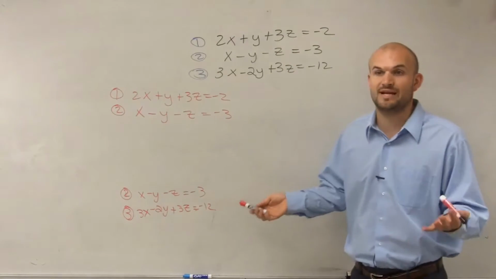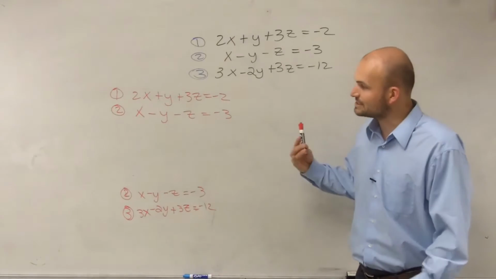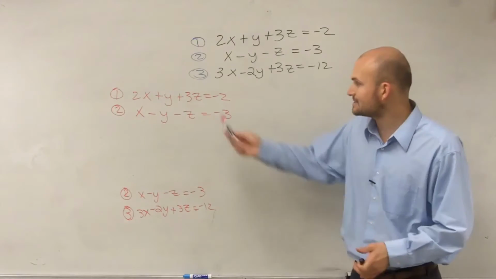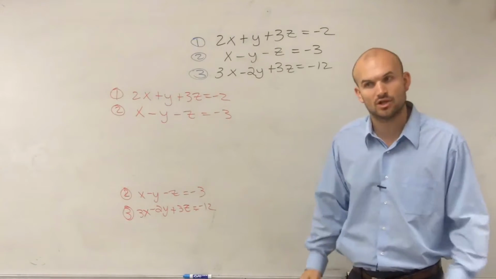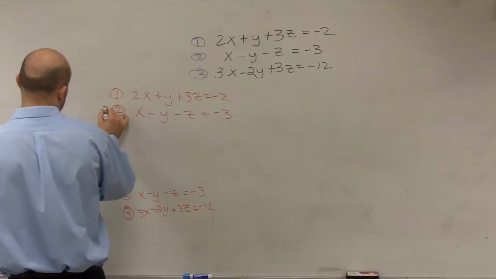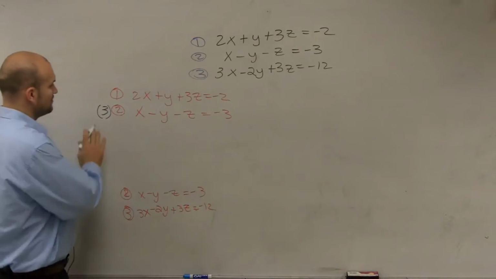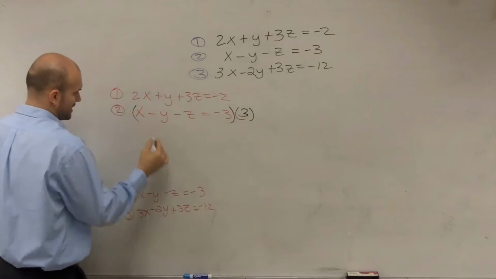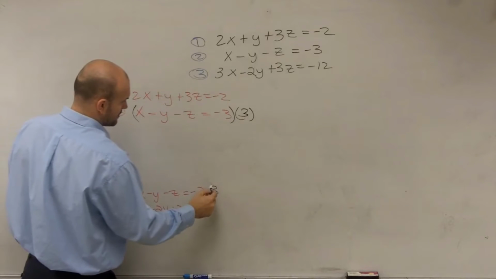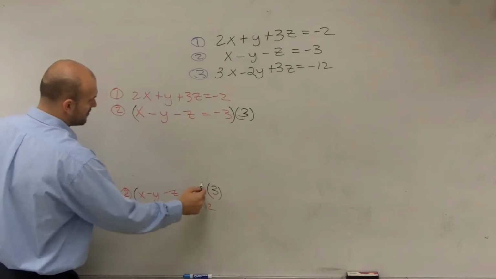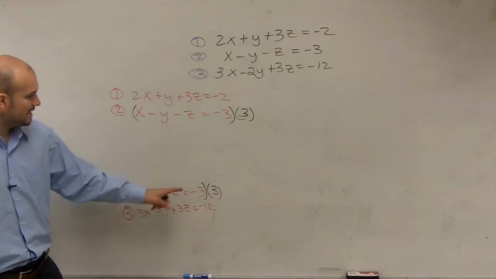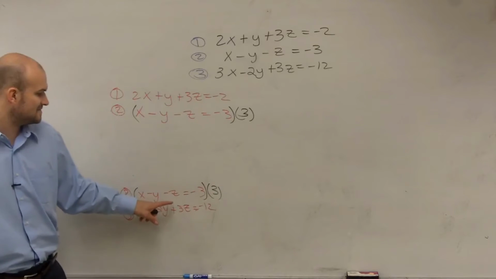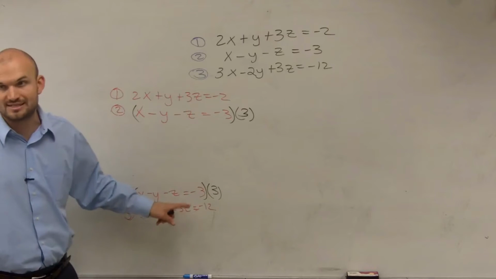Now, we chose eliminating variable z. So the easiest way to eliminate variable z is to multiply equation 2 by our multiplier 3. So that's exactly what I'm going to do. I'm going to multiply equation 2 times 3. The reason is that when I multiply 3 times negative z, I now have a negative 3z.